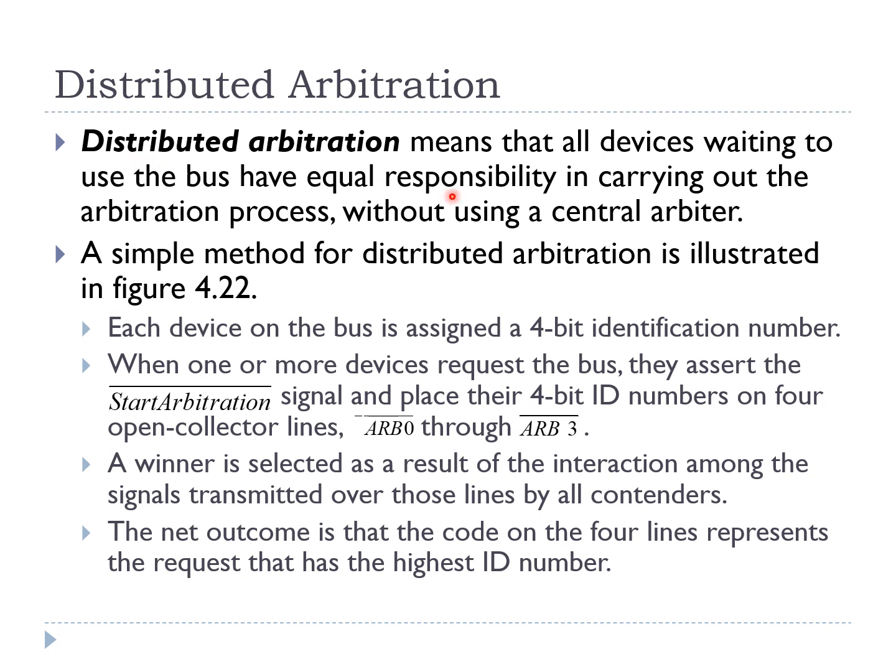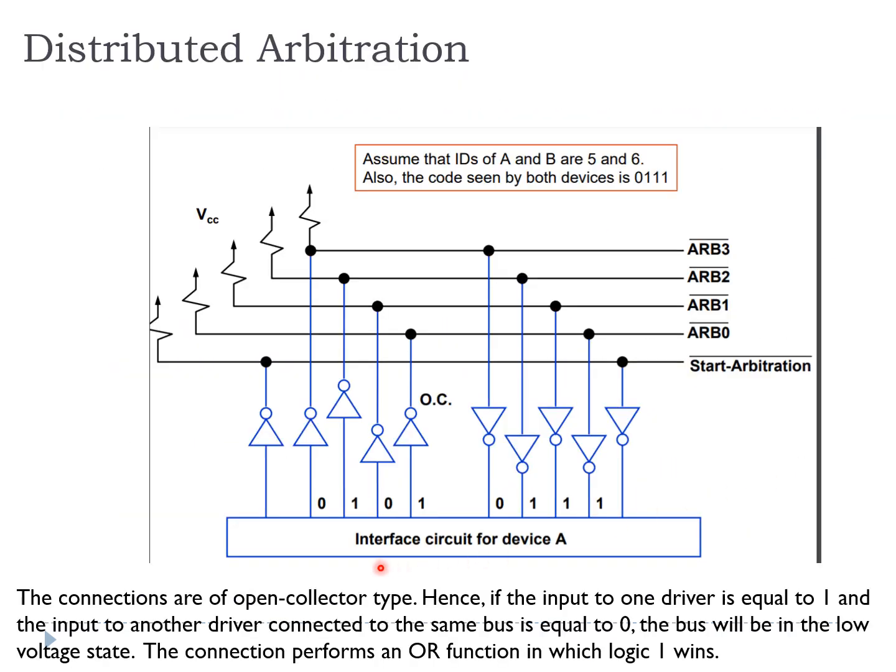In the distributed arbitration system, all devices can calculate whether they can use the bus or not by some simple calculation. Devices are connected to common arbiter lines, and all devices are given an ID.